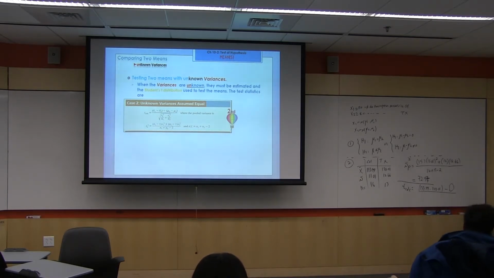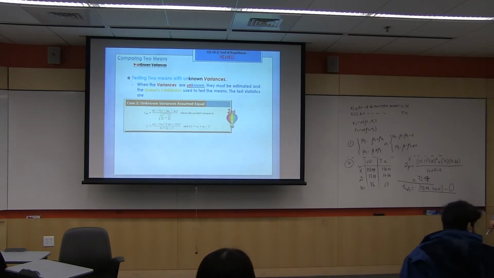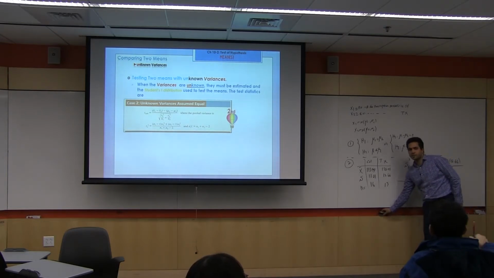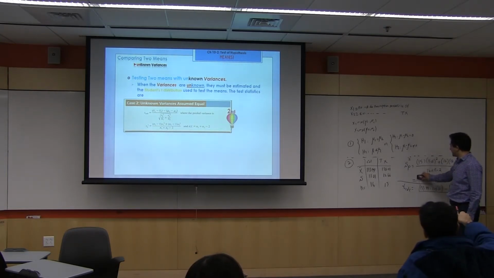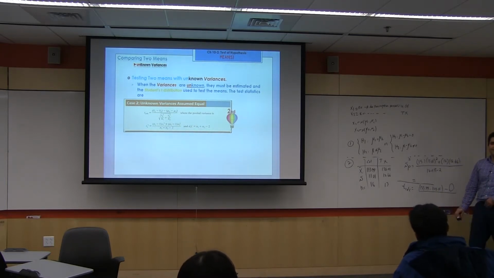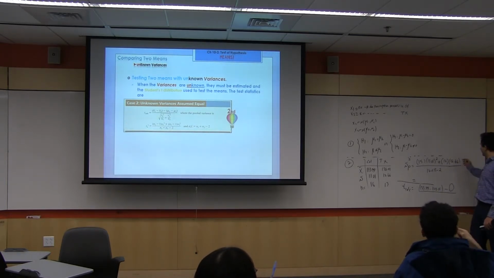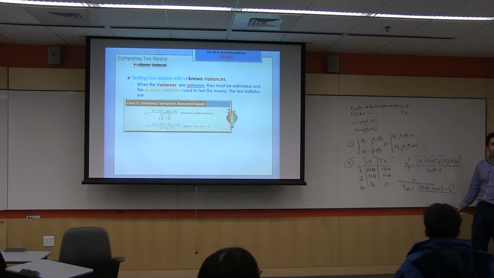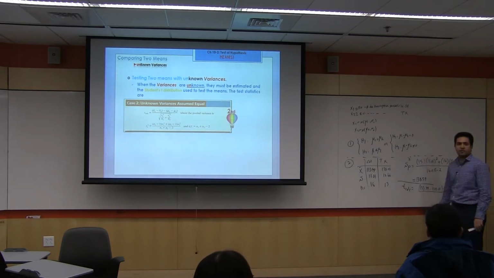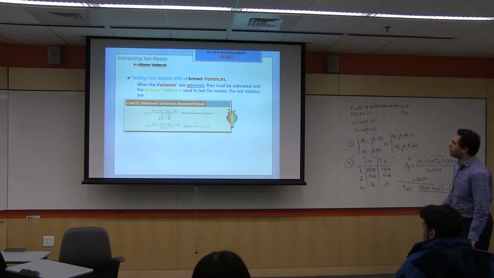Is that right? The S_p is coming 138.5. But you still have to use your squared, the square is missing. So 138.57.